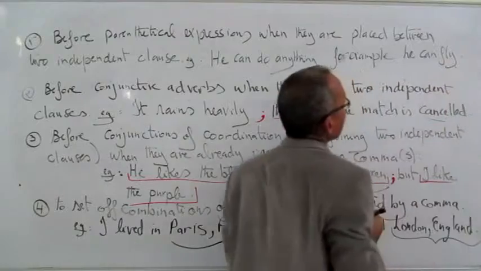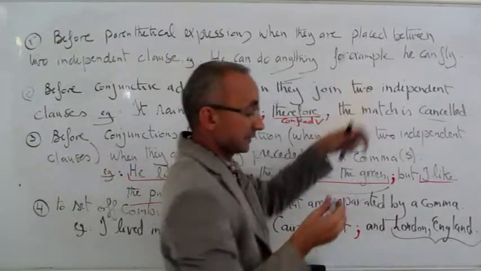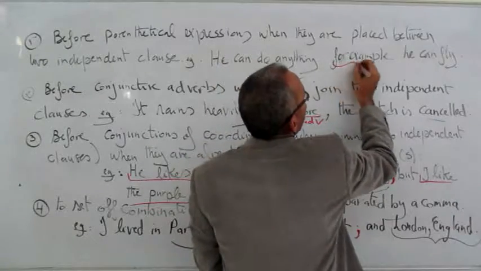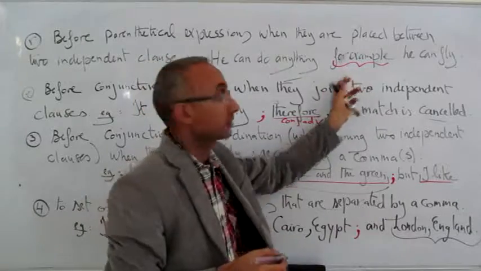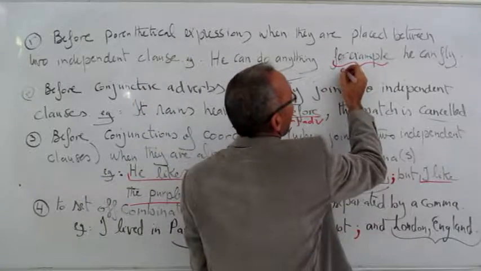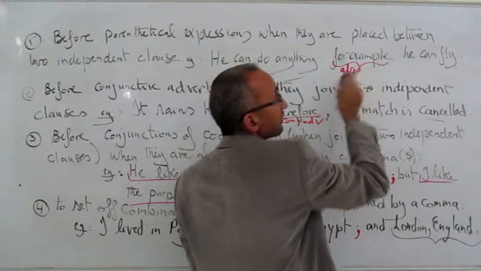Now, here we have this parenthetical expression, like for example, like for instance, like also, like in addition, like indeed, like on the other hand, and so on.